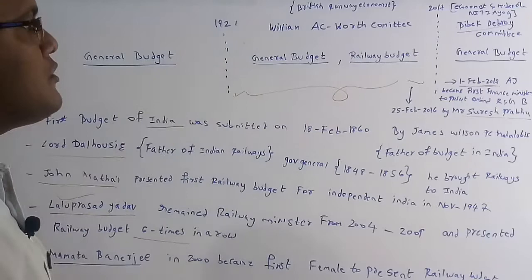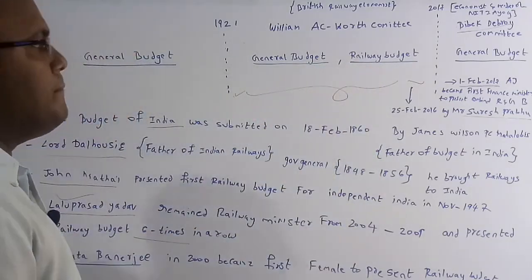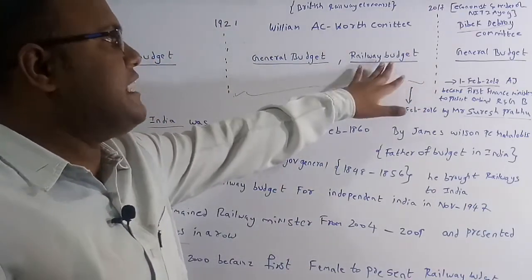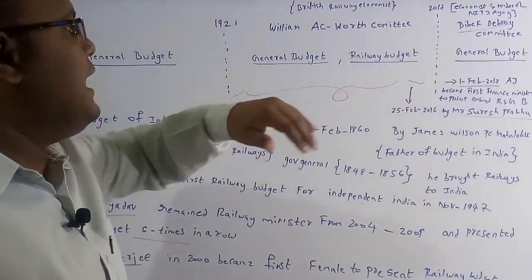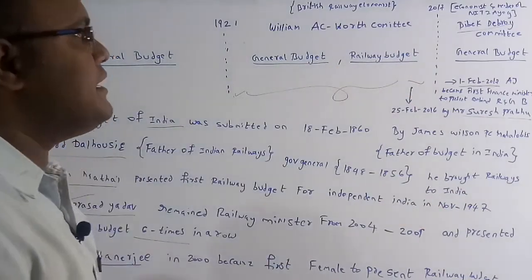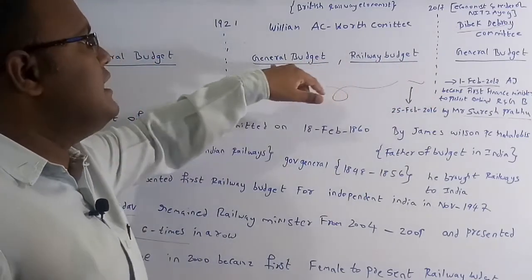But all over the world, the railway budget was merged with the general budget. Only in India, from 1921 to 2017, the railway budget and the general budget were separately executed.